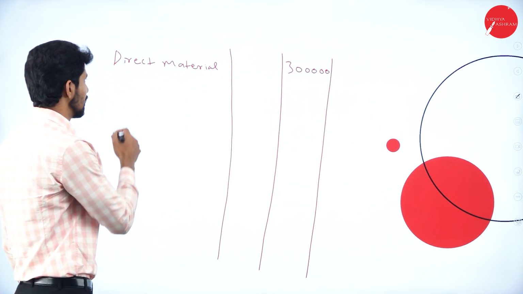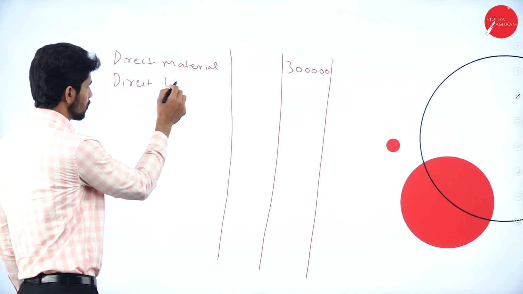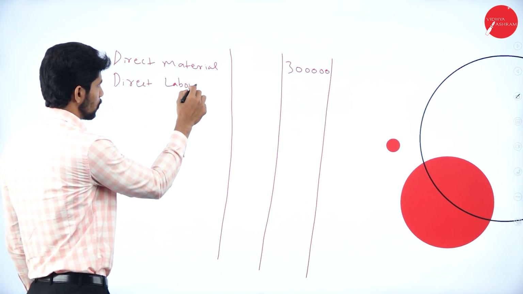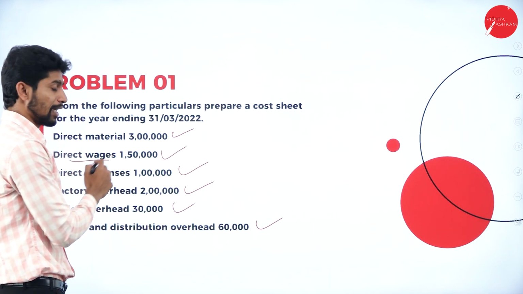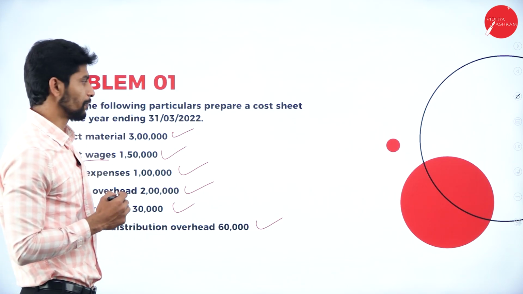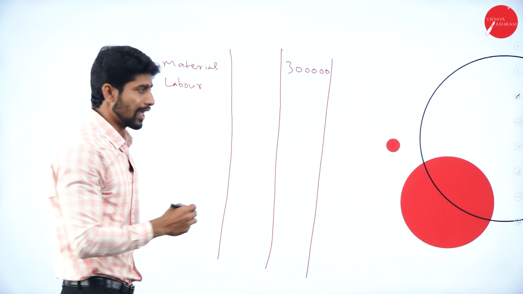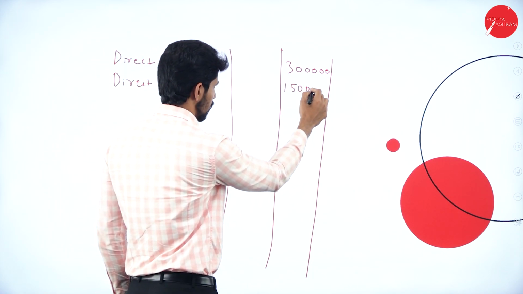Next, direct labor. What is the value of direct labor in the problem? That is wages. Direct labor and direct wages are both the same. It is rupees 1,50,000. So write down 1,50,000.